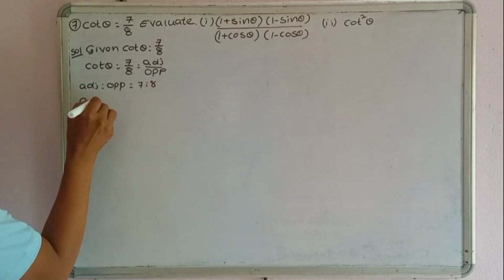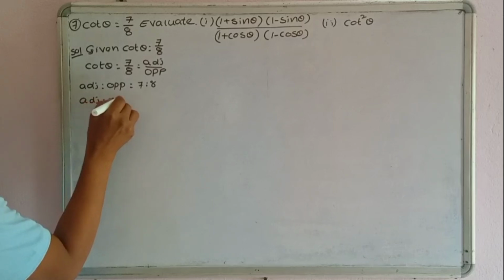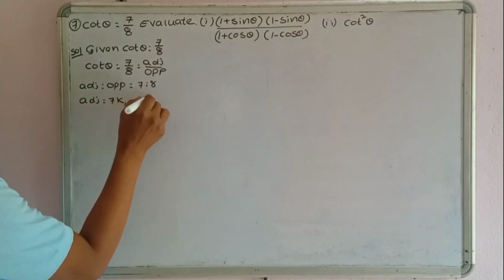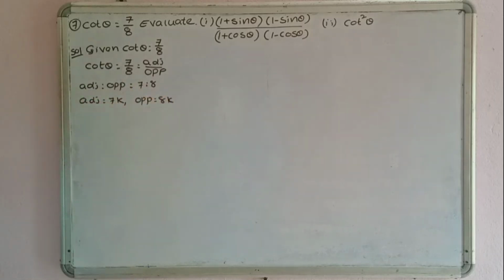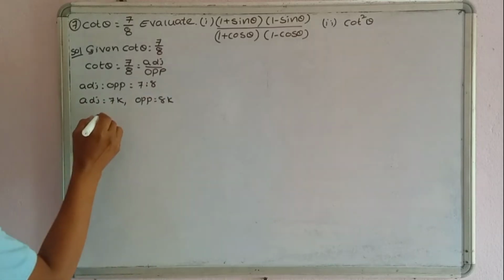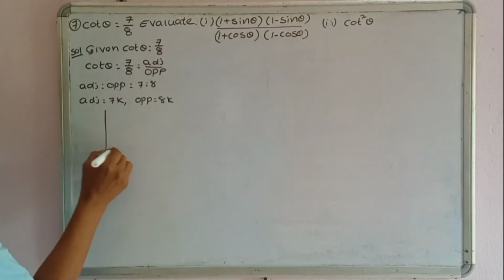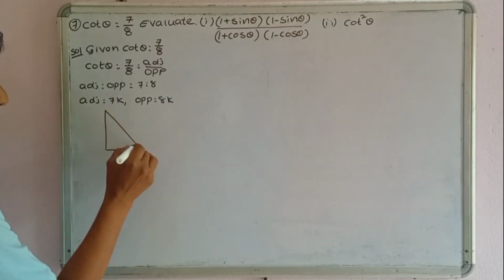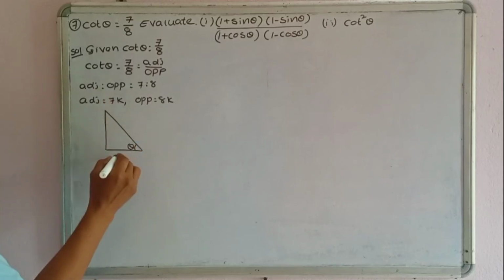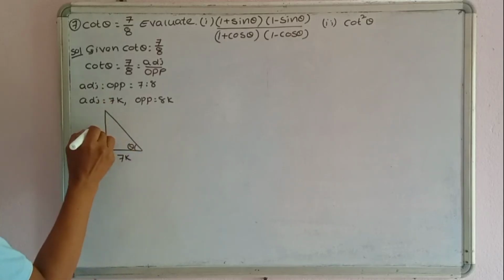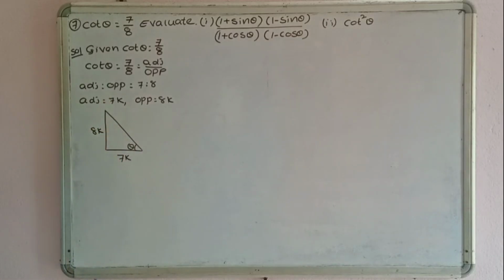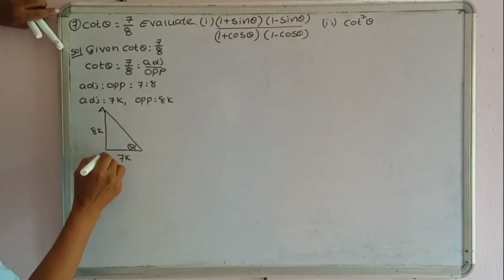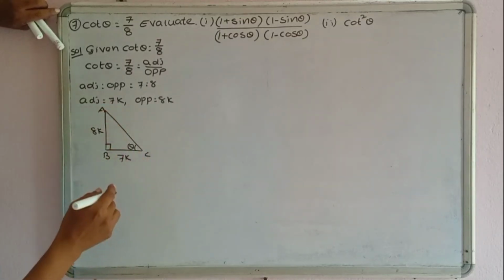Therefore, adjacent to theta equals 7k and opposite to theta equals 8k, where k is a constant. Draw a right angle triangle. This is the value of theta. Adjacent is 7k, opposite is 8k. Say it is ABC, so angle B is the right angle.